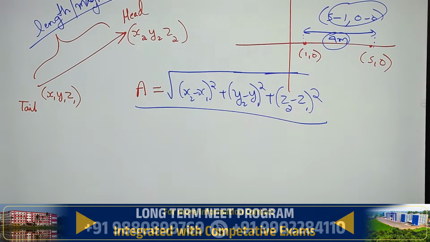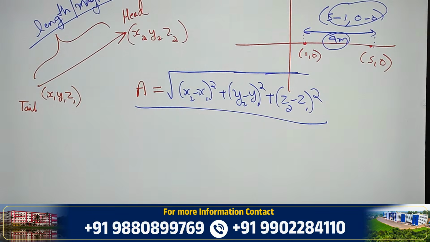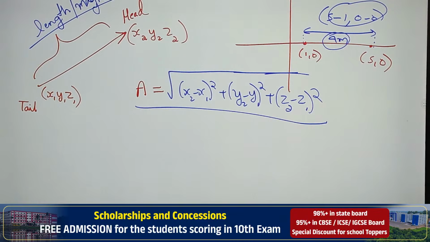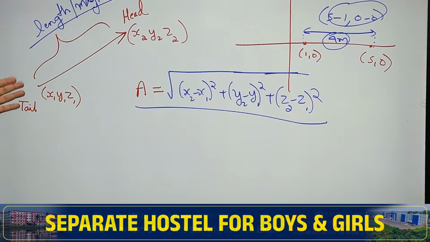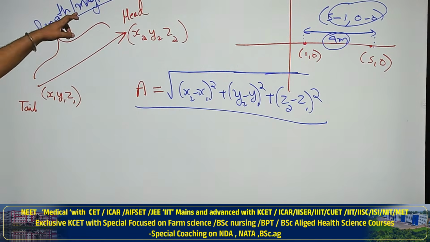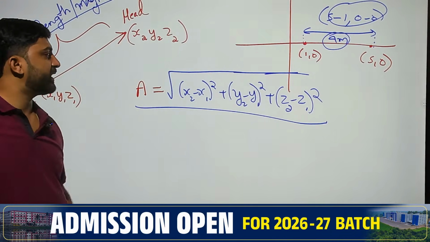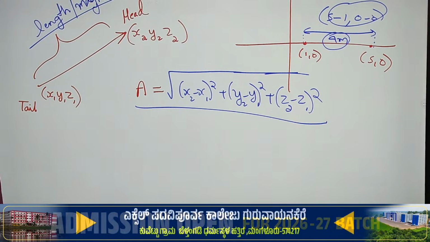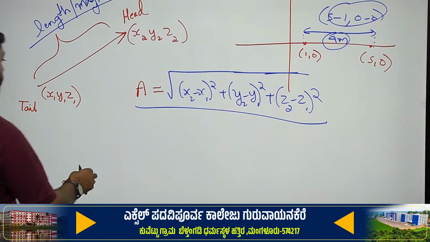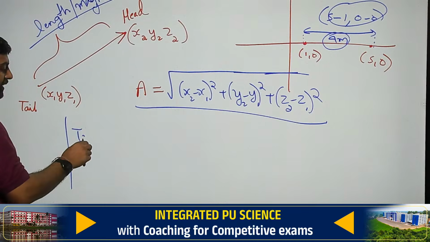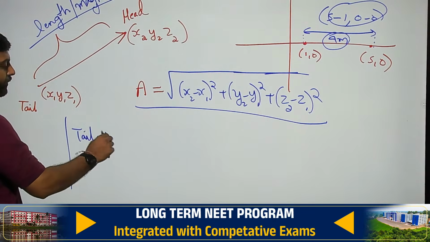If I know the coordinates at tail and coordinates at head, we can find the length of this vector. Length of the vector is nothing but magnitude. So root of x2 minus x1 whole square plus y2 minus y1 whole square plus z2 minus z1 whole square.